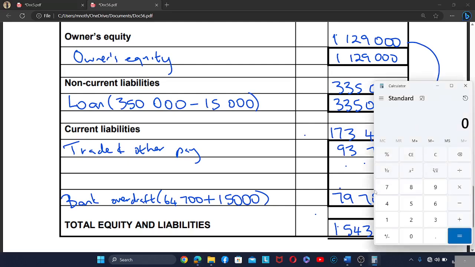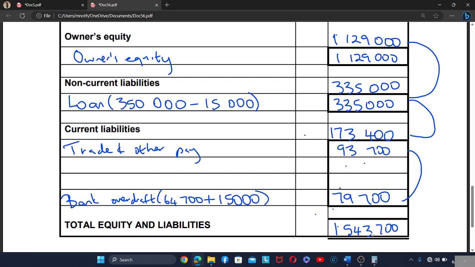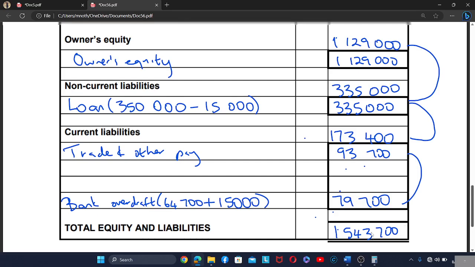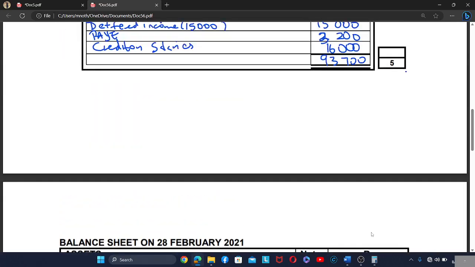Was it supposed to be 64,700 plus 15,000? What? There is no mistake here. There is no mistake. So I think the mistake must be in the paper, because actually there is no mistake here. Thank you so much.